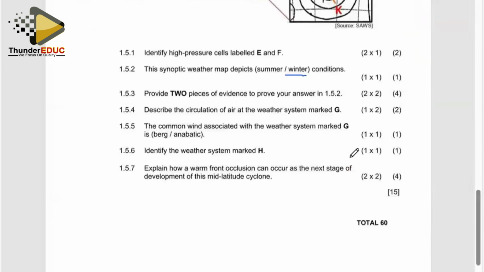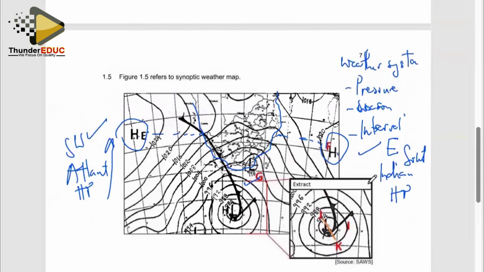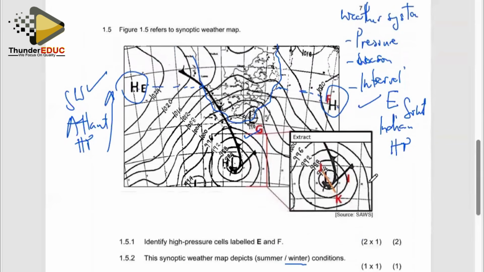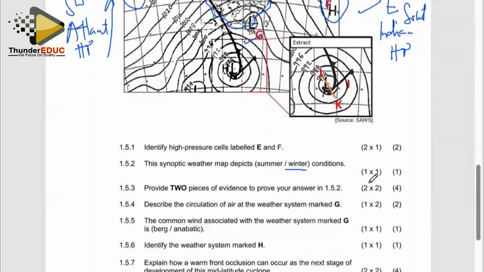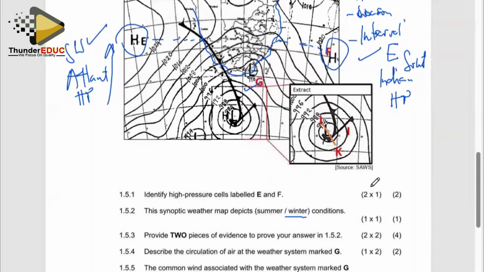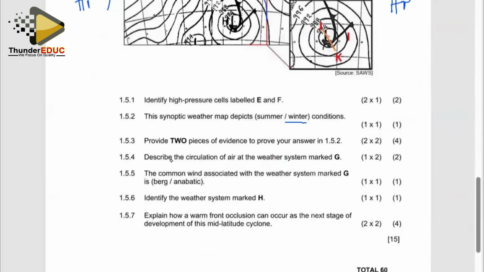Describe the circulation of the air at the weather system marked G. Let's look at the weather system marked G. Our weather system in question here is this mid-latitude cyclone. How does air circulate within the mid-latitude cyclone? This is a low pressure cell, and for a low pressure cell in the southern hemisphere, the circulation is always clockwise.